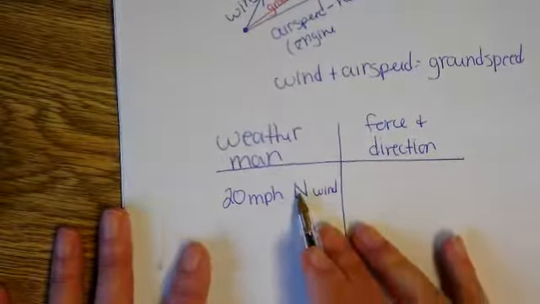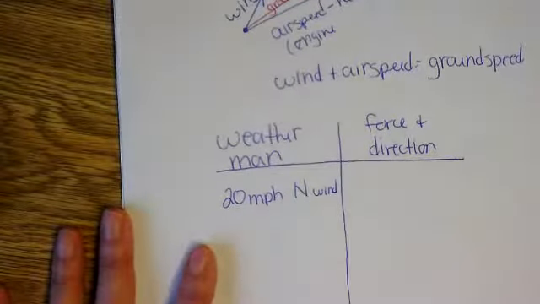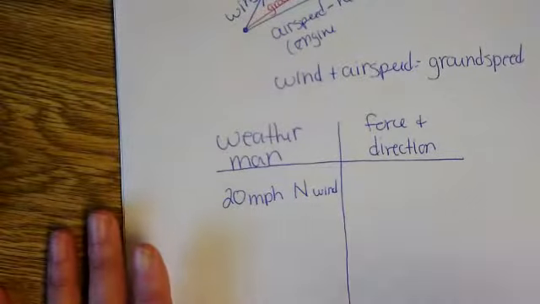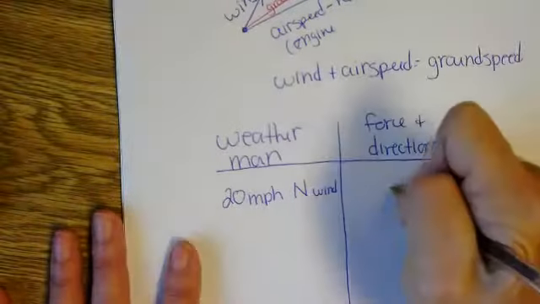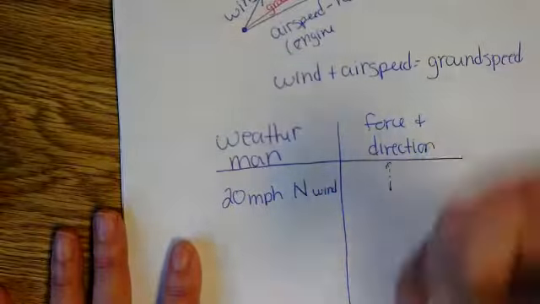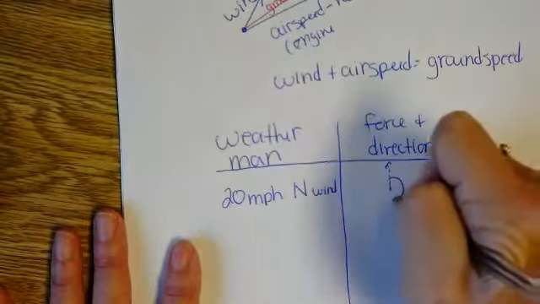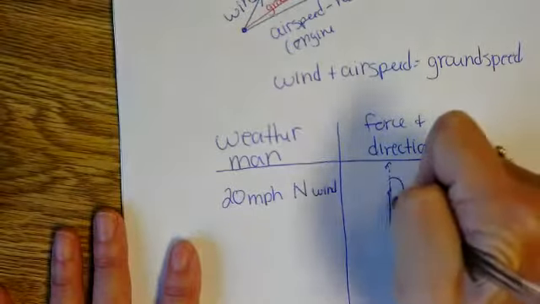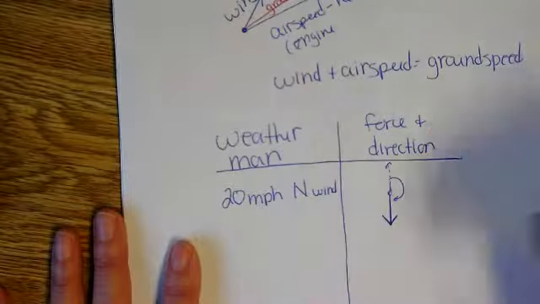So if you face north, it's going to blow right into your face. So the actual physics of that wind, instead of blowing north, it's coming from the north, which means it's going to push due south. That's the physics, south.